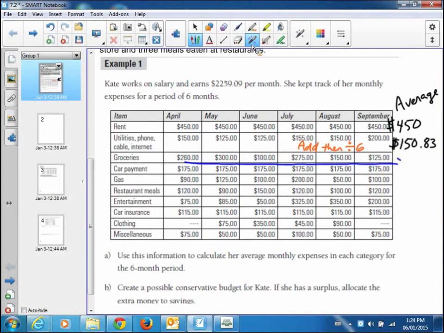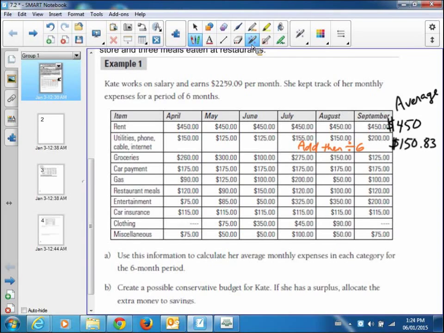You're doing them right now? You can add them all up and get the averages. Zach, which one are you on right now? I'm on groceries. Oh, you're on the second one. Yeah, I already do them. Tell you what, you guys do groceries and car payments, I'll give you the rest.